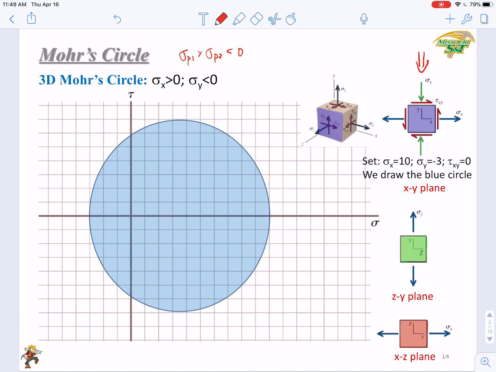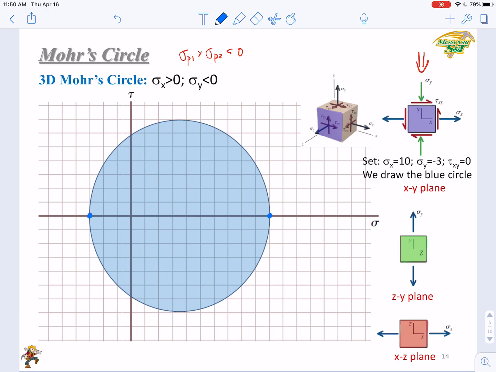Again, we can draw the first basic Mohr circle. The first step, we find sigma x and sigma y on the sigma axis. Sigma x is 10 here. Sigma y is negative 3 here.